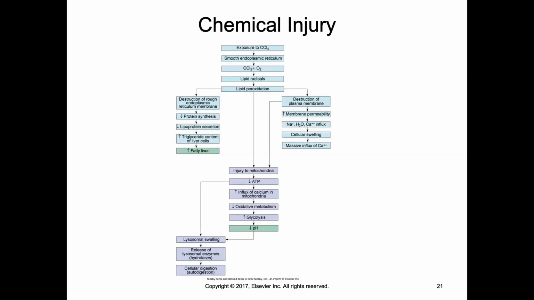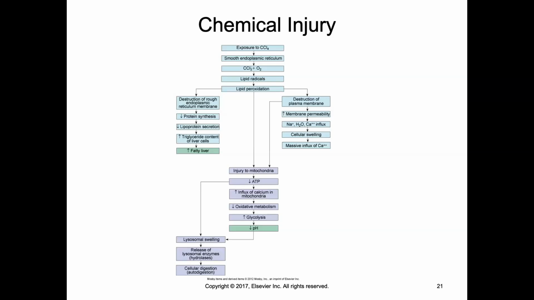The effect on the smooth endoplasmic reticulum, the SER: carbon tetrachloride and oxygen generate lipid radicals. Lipid peroxidation can result in destruction of the rough endoplasmic reticulum, the drop in protein synthesis, a drop in lipoprotein secretion, an increase in triglyceride content, and a fatty liver. Okay.